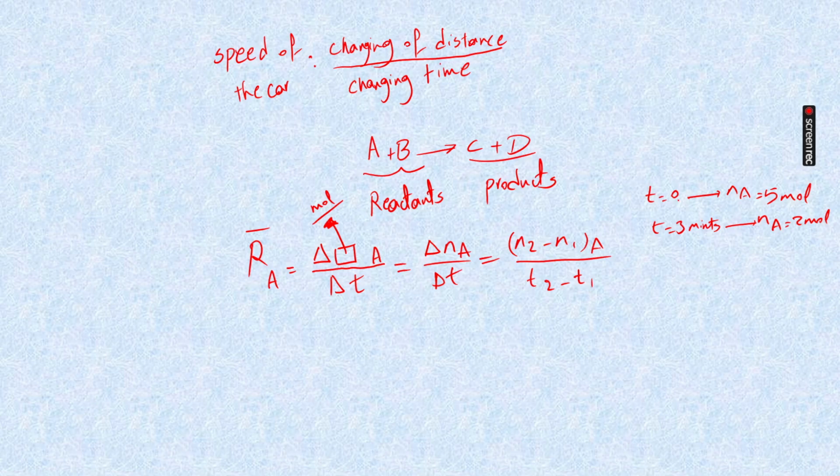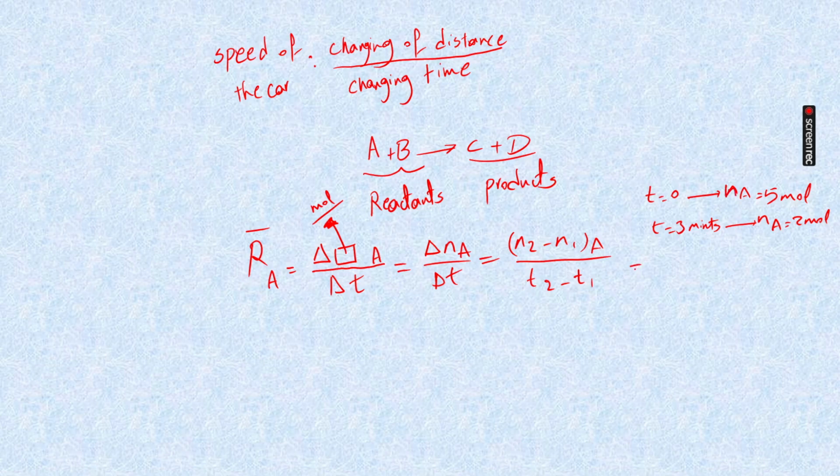So it means the time is going up. It starts from 0 and goes to 3 minutes, so the changing of time should be positive. But the change in mole for A is not positive.